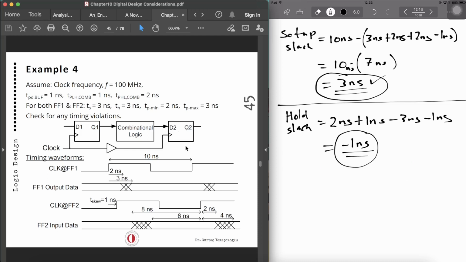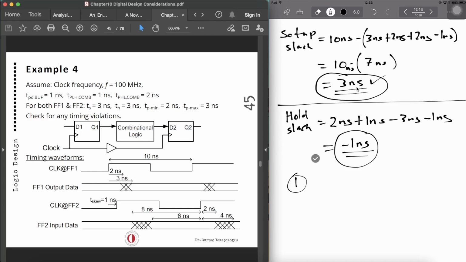So in order to add a delay, we can add a buffer. Each buffer is 1 nanosecond. We can insert 1 to 3 buffers in order to cover that up.